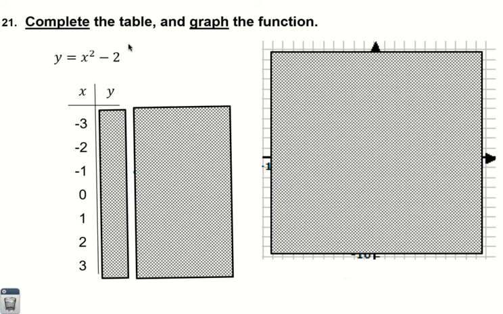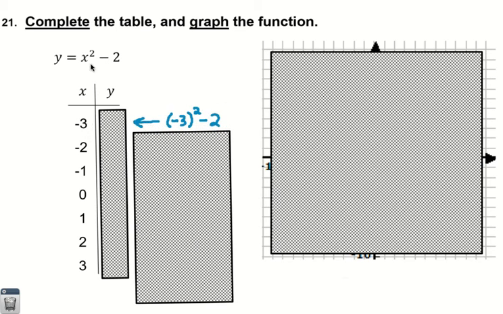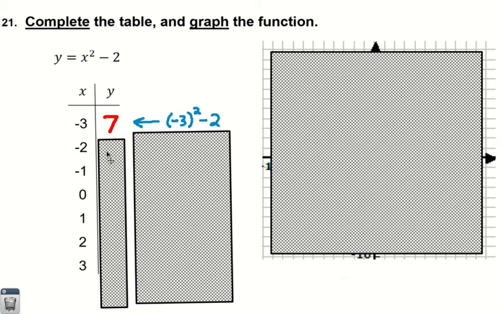Number 21 here, complete the table. So all these different numbers for x you're going to plug in separately to get each corresponding y value. So when you plug in -3 for x and you square this negative correctly, (-3) squared with the parentheses is +9, minus 2 to get 7.